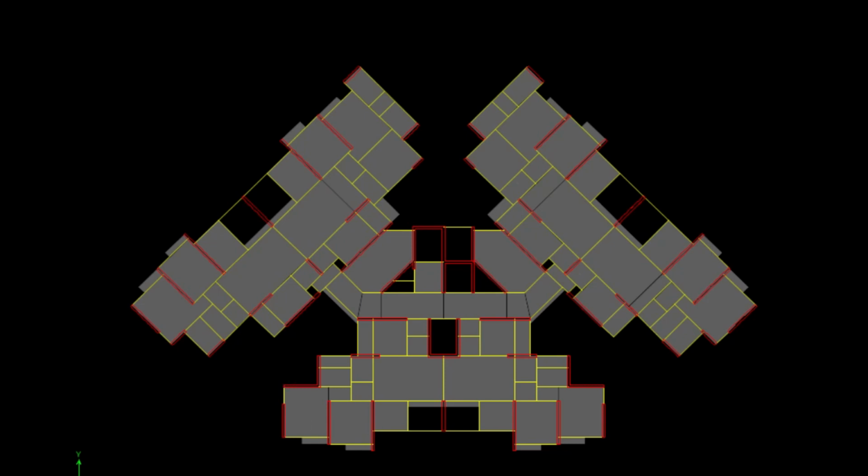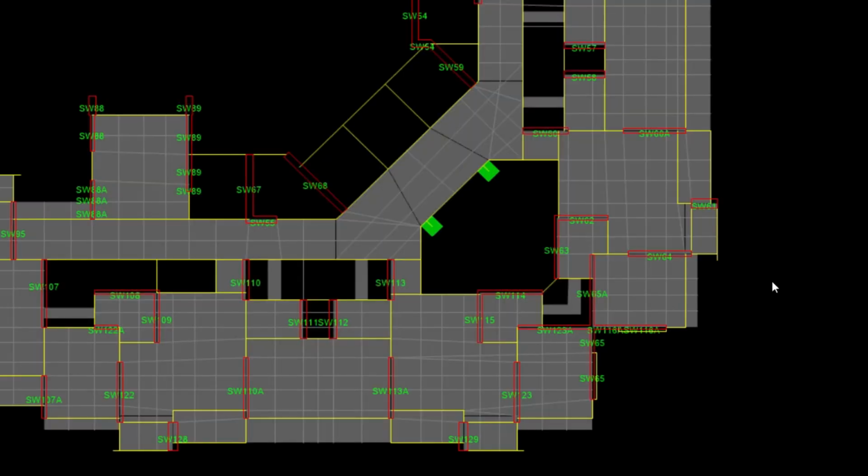Looking at the other possibility, there are certain frames like this which are absolutely oriented along the x and y direction, but hardly a few walls are non-orthogonal. In such a situation, going for the 30% rule is again not the optimal way. It is just loading your structure more.